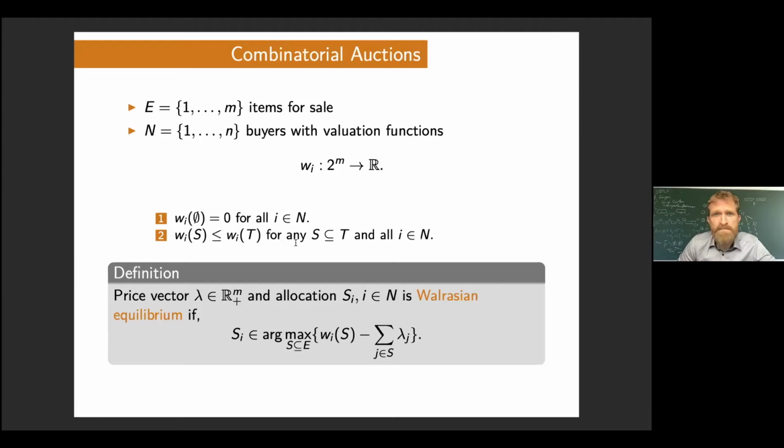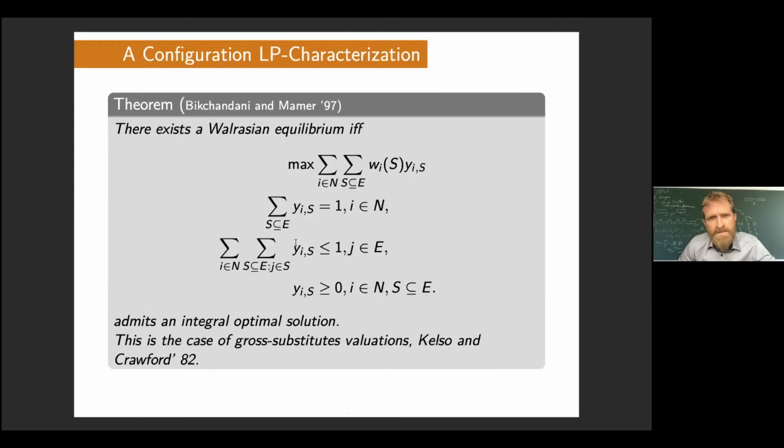Yet there exists a very nice result. End of the 90s, that's even a decade before the models I presented on the last page, Kelso, Crawford, Gul and Stacchetti set up an LP. The LP has basically the same flavor. You sum up not over paths anymore, but now you sum up over the subsets of items. This is the fraction of player i if he gets that item set, and the value is already given here.